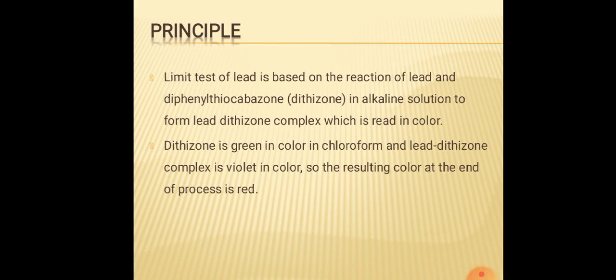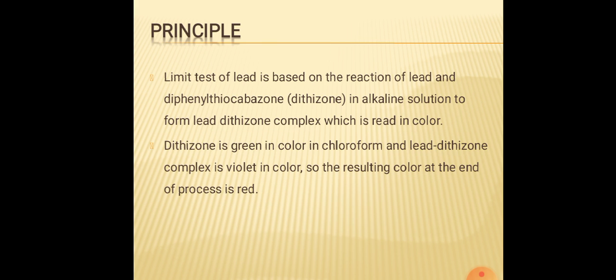The pH of this solution is adjusted by using ammonium citrate, potassium cyanide and hydroxylamine hydrochloride, and because of this the pH is maintained, preventing interaction of other metals in your test, and the lead dithizone complex is produced.